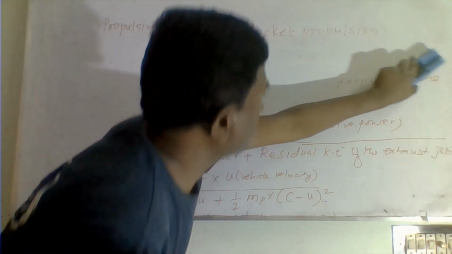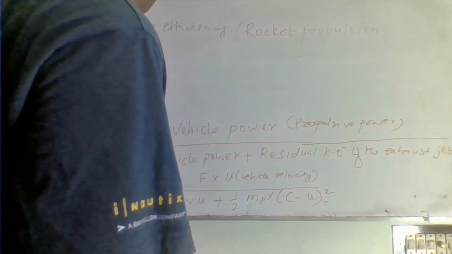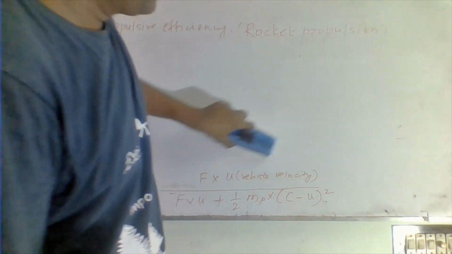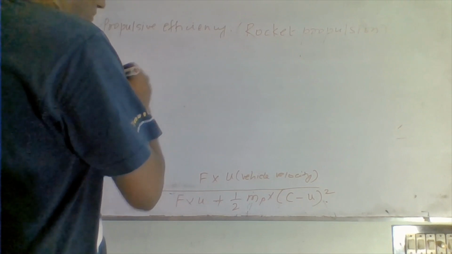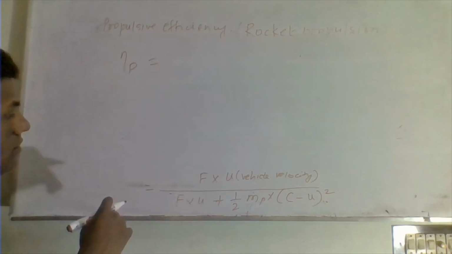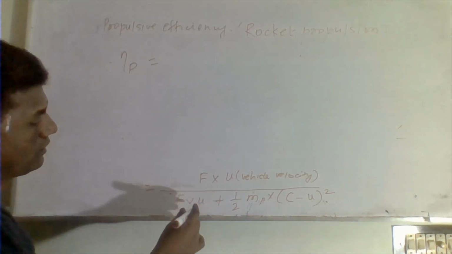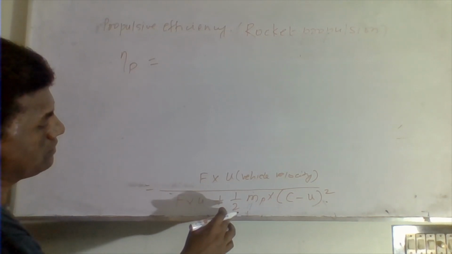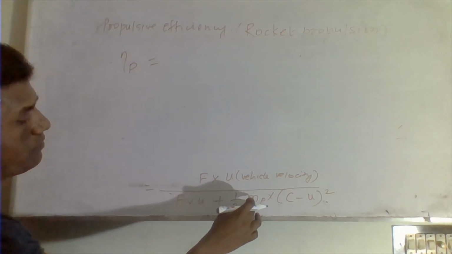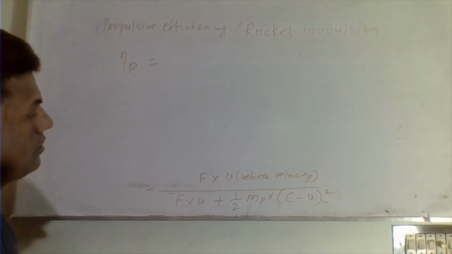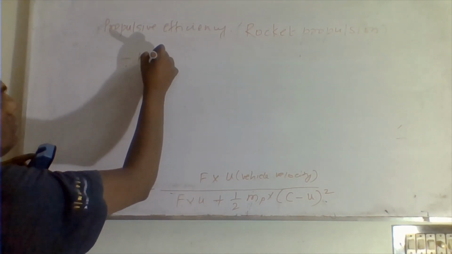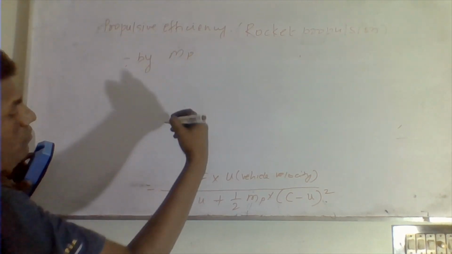And the propulsion efficiency ηP becomes F into U divided by F into U plus the residual kinetic energy. Now this equation has to be further simplified, so I am going to divide by the mass flow rate of the propellant on both numerator and denominator.